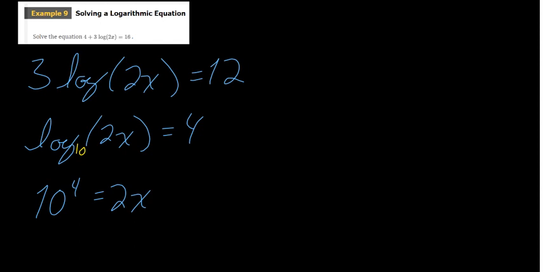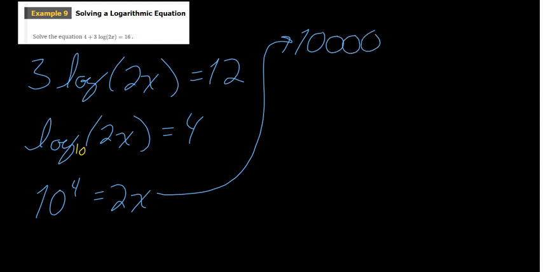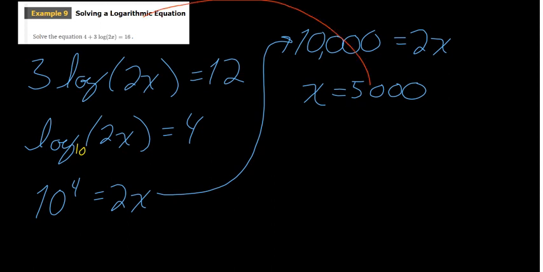So that becomes 10,000 is equal to 2x, and therefore we see that x is equal to 5,000, right? And of course x equal 5,000 is more than okay, because if we put 5,000 in for x, that's log of 10,000, and that's okay.